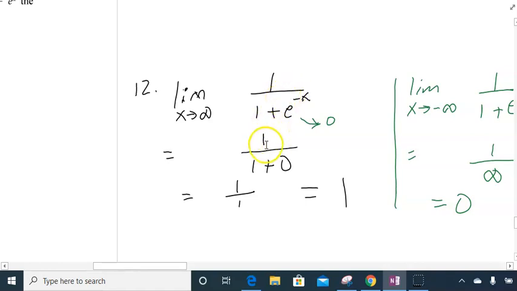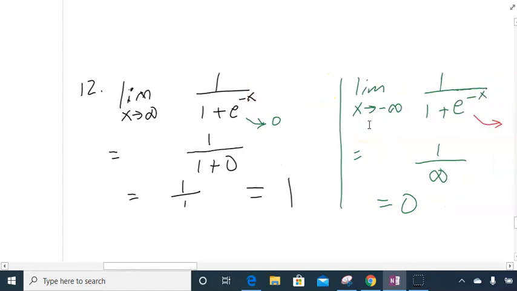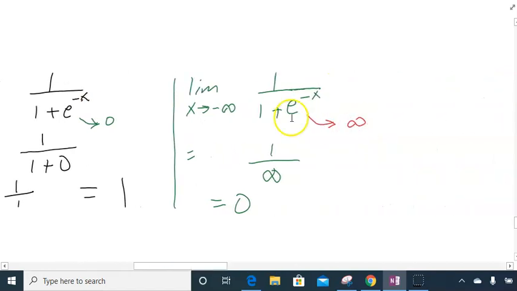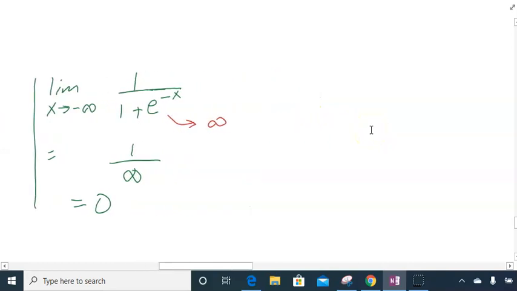And so we have 1 over 1 plus 0. That's 1 over 1 equals 1. So your limit as x approaches positive infinity of 1 over 1 plus e to the negative x equals 1. And this is like one of our logistic functions that we have come across earlier.